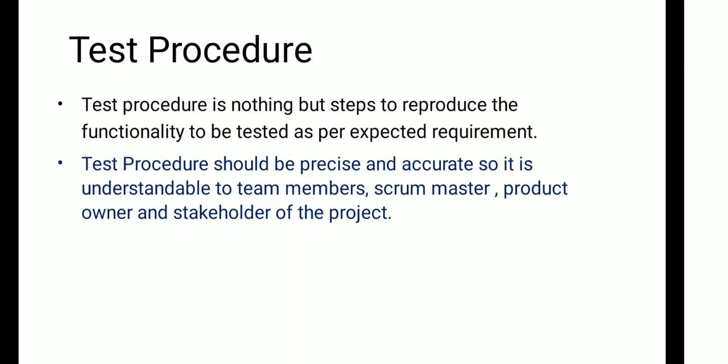Test procedure should be precise and accurate so that it is understandable to team members, scrum master, product owner, and stakeholders of the project. So these are nothing but steps in testing of functionality or any UI, usability, or regression testing. So these are just simply the steps.